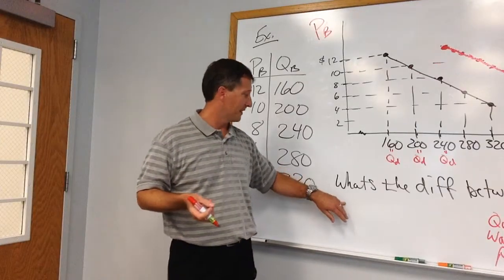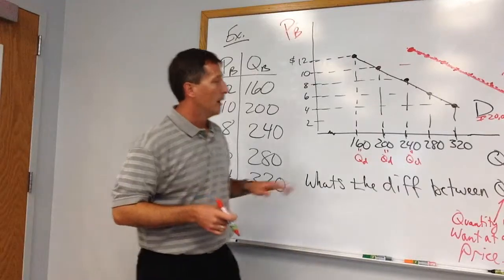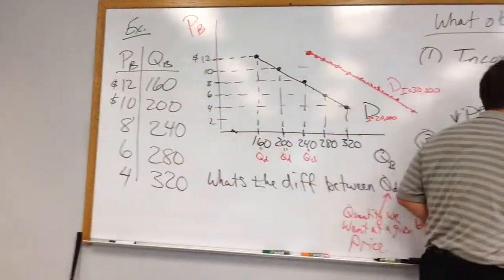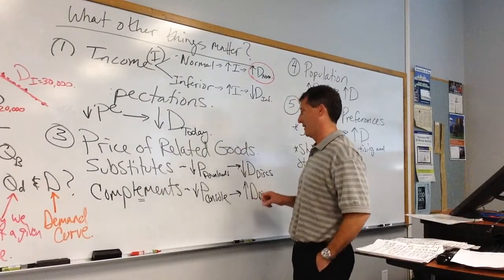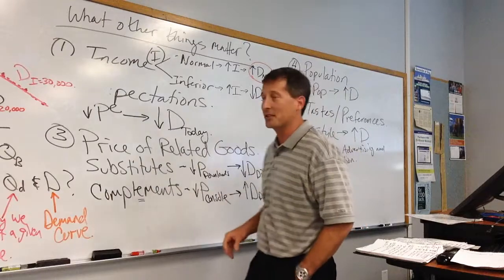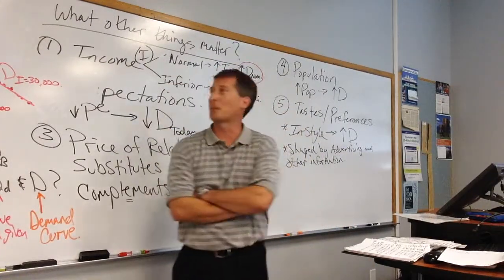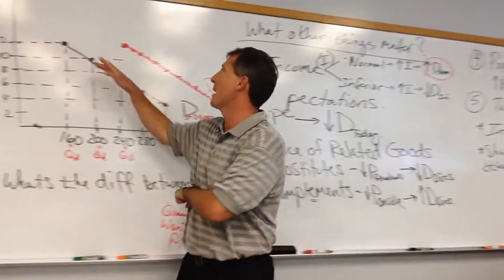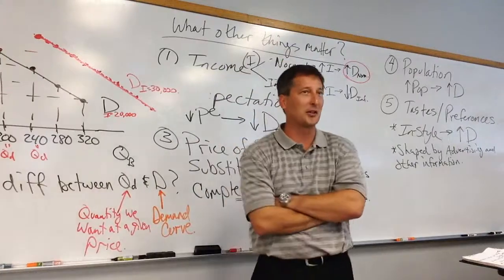All right. So here's the quantity demanded at each price. If the price of pretzels goes up and my income is $20,000, what happens to the demand curve?